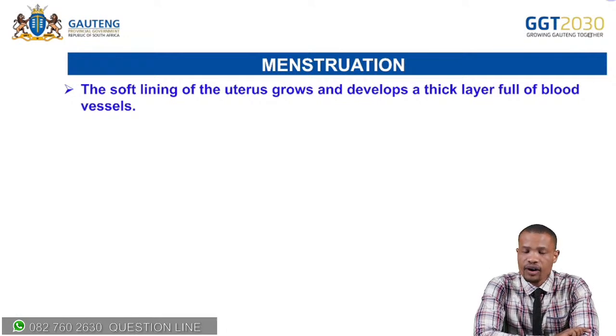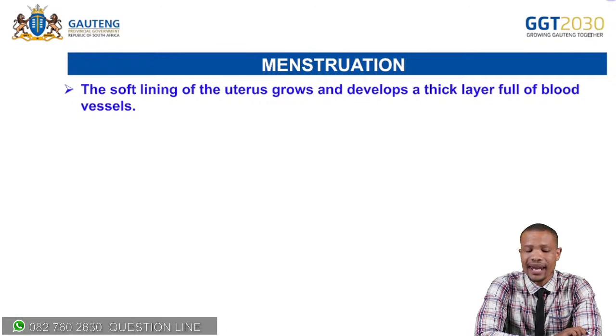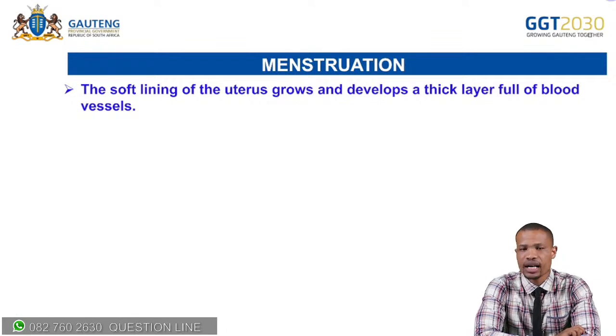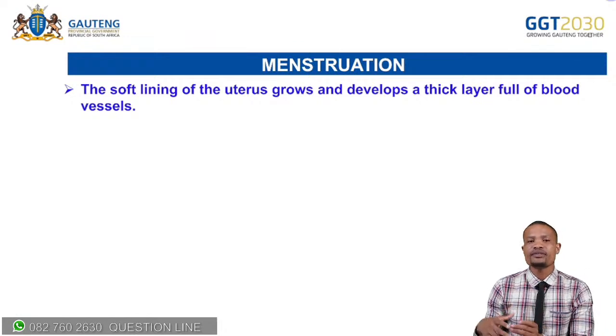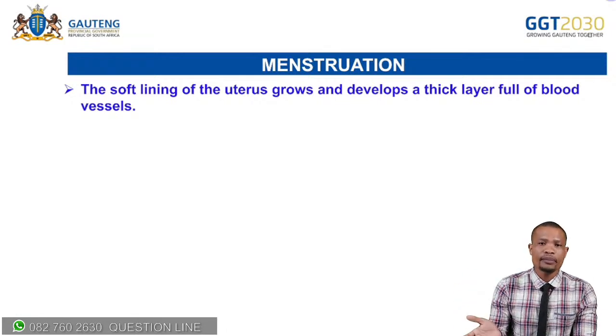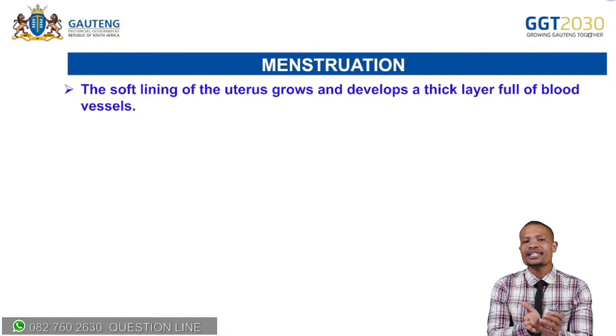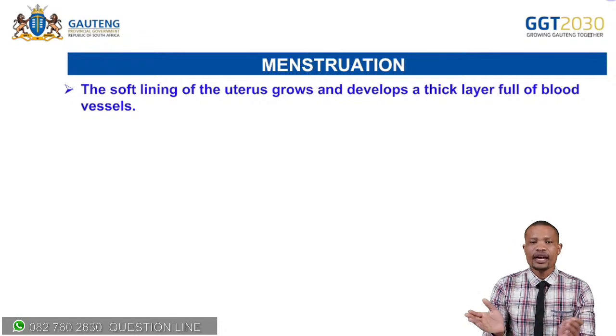The soft lining of the uterus grows and develops a thick layer full of blood vessels. Why do these walls of the uterus develop this thick layer full of blood? It is in preparation for fertilization, which translates to pregnancy. But if no fertilization takes place, then menstruation will occur.